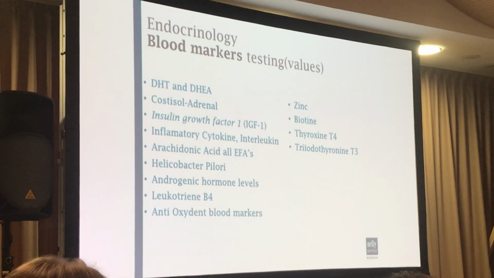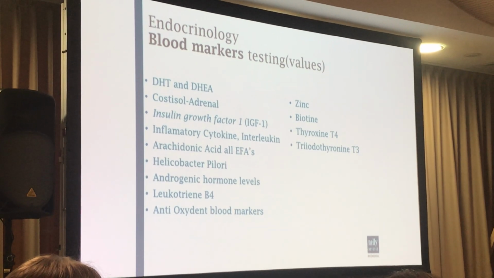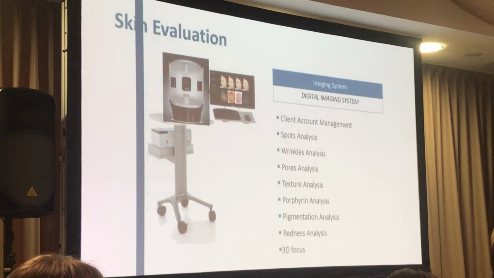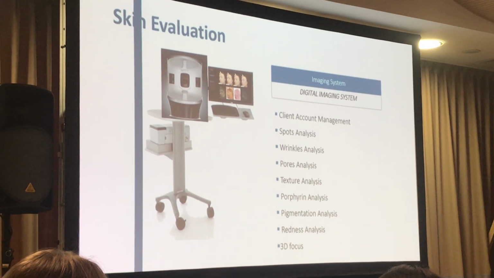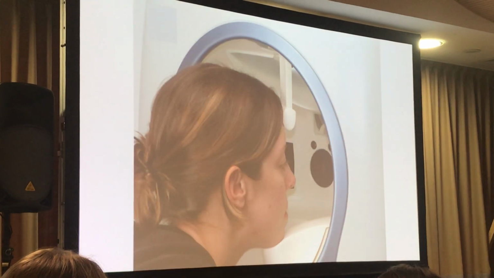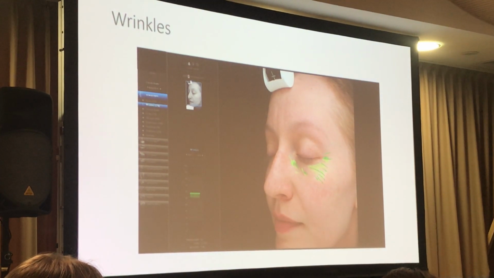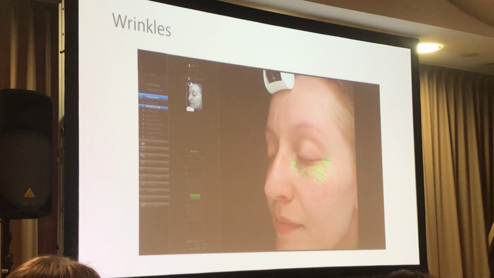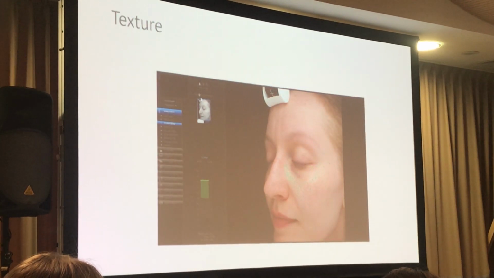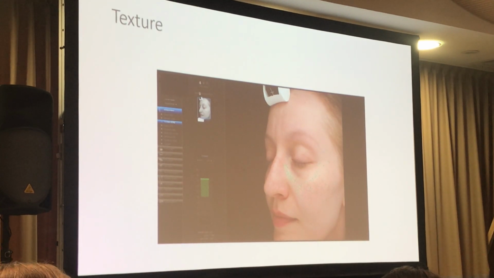Today, with topicals, we can really see some improvement. There are different skin evaluation devices that exist that could help us to define and, more importantly, prevent our skin treatments.